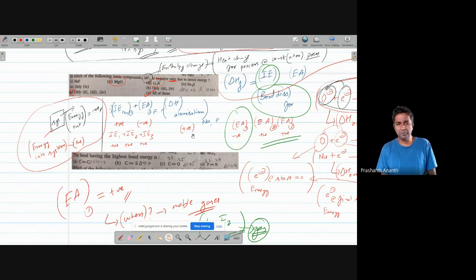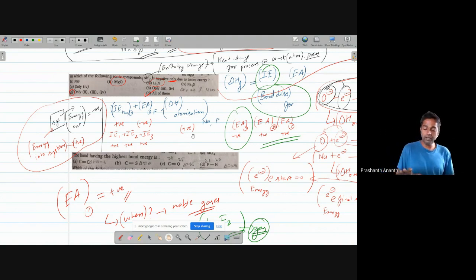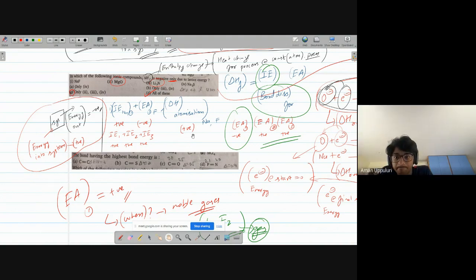In all of those cases, lattice enthalpy is going to be quite highly negative, and that is the main reason why all of them have a negative enthalpy of formation. That is definitely true, but that is not the only reason.